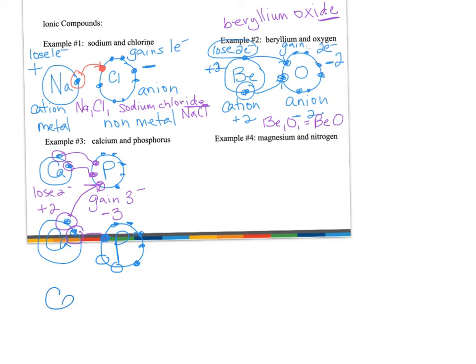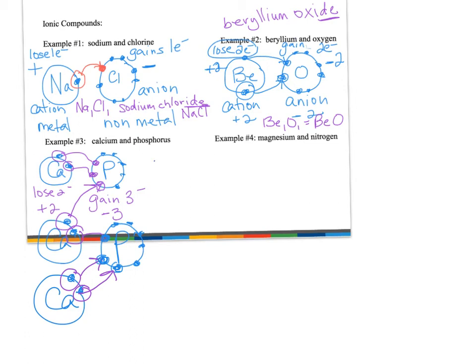So that means it's going to take one more calcium atom with its two valence electrons that it's then going to give up to the last two positions here in the phosphorus. And now all of our metal atoms and our non-metal atoms are now stable. So in this case, it took 3 calciums to 2 phosphorus to make this calcium phosphide compound.